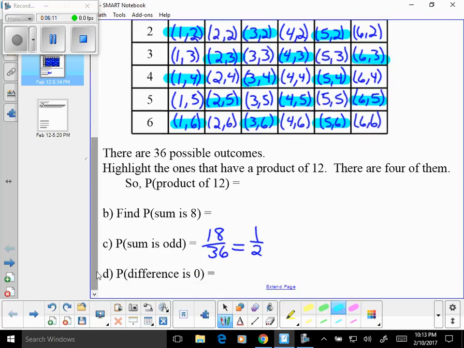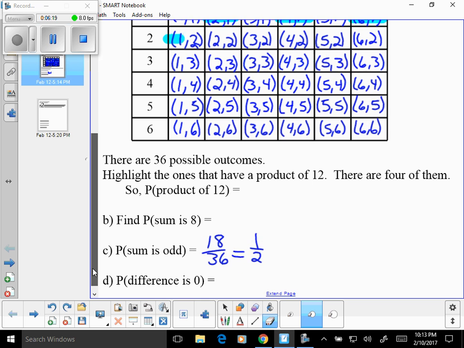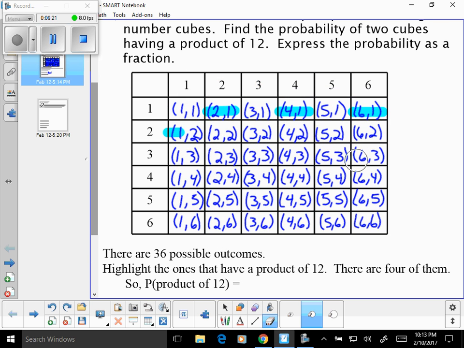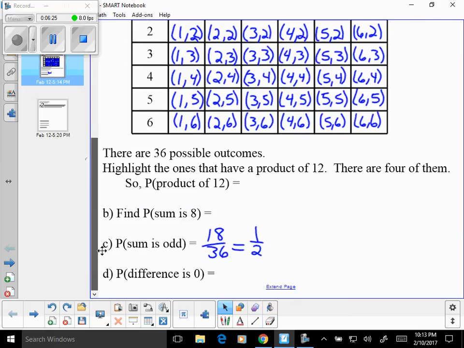The next probability problem is to find the ones where we are going to have a difference of 0. Now, that means you need to remember that difference is where I subtract them. So let's do that with our magenta.